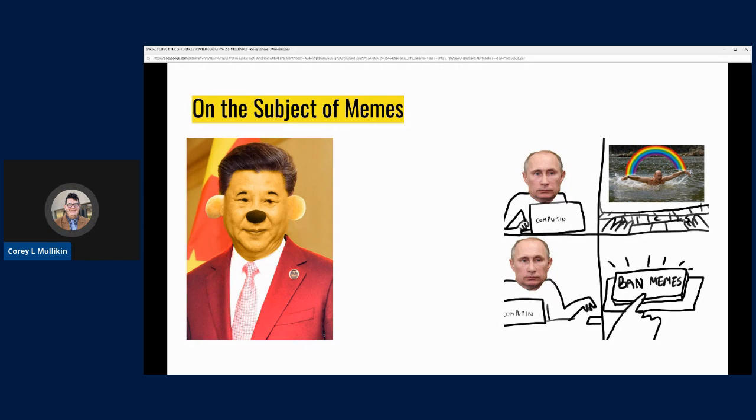China censored images with Winnie the Pooh because people were making fun of the president with them. In Russia, it's very fast and loose as to what you could have happen to you if you use a meme that makes fun of a public figure. So, it's a bit of a wild west when it comes to memes.